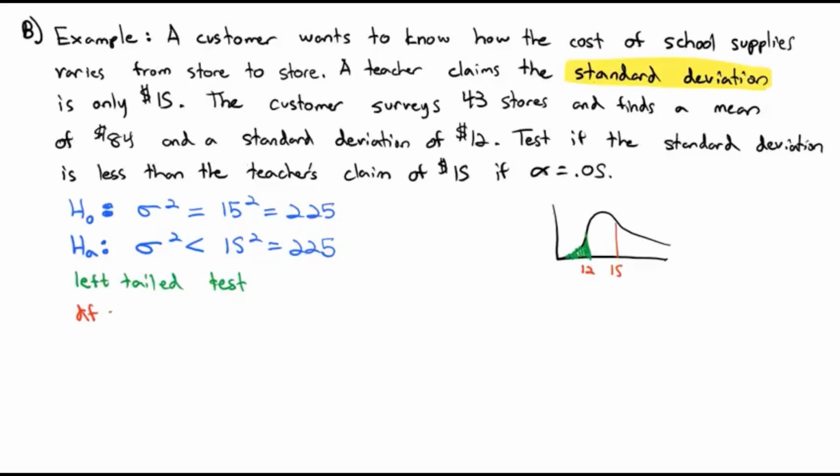Well, first we need to know the degrees of freedom: the sample size minus 1. 43 minus 1, we've got 42 degrees of freedom. And then we'll also calculate the test statistic.